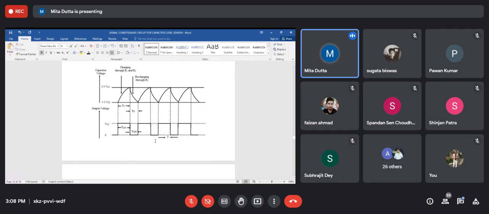So this will be the charging and discharging of a capacitor, and this will be the T on and T off time.